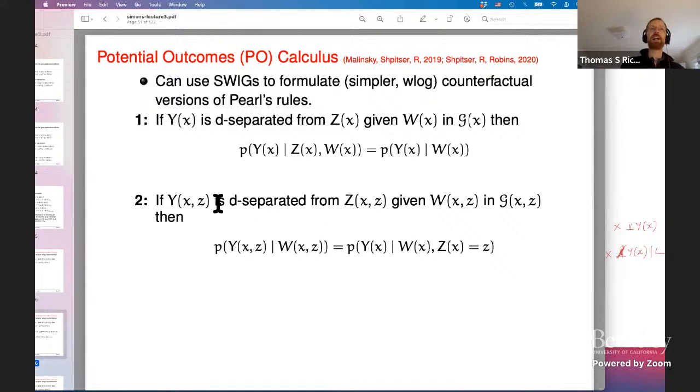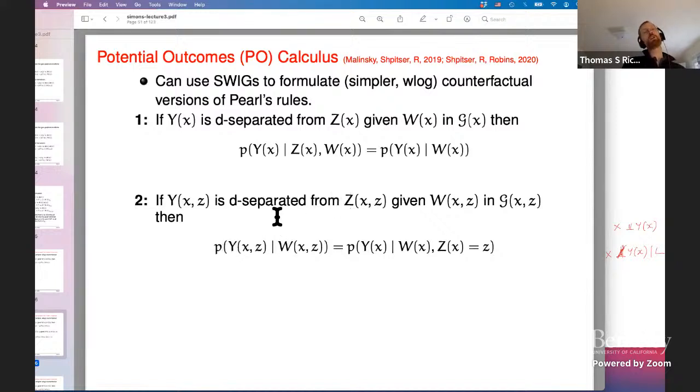And that holds when y of xz is d-separated from z of xz given w of xz. Okay. So here I should say, in these rules, I'm using the uniform labeling, where I'm labeling everything precisely so that you can tell which SWIG we're talking about.